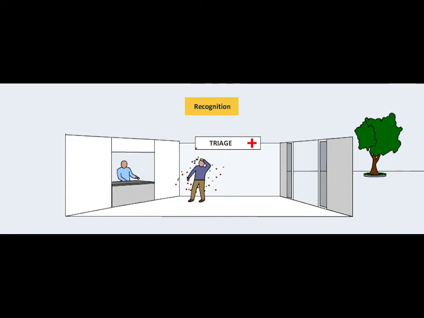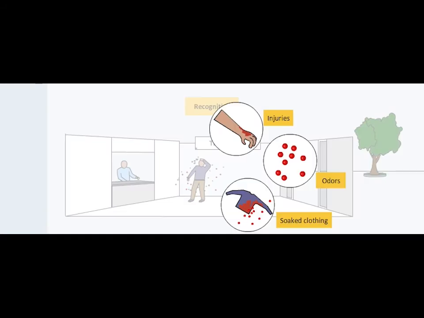There are many clues to help you recognize a contaminated individual. First and most obvious would be if you were told by the patient, someone they arrived with, or EMS that they were contaminated. However, many times patients may not even be aware that they are contaminated or that it's important to make you aware that they are. Your senses will probably offer the best clues.